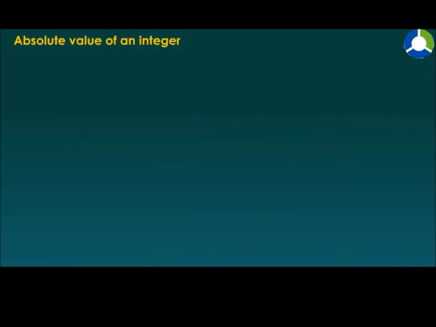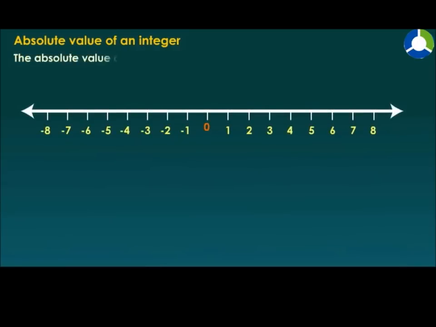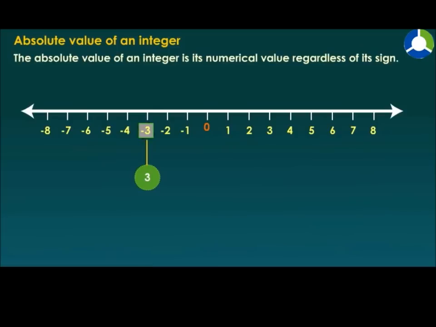Absolute value of an integer. The absolute value of an integer is its numerical value regardless of its sign. Example: the absolute value of negative 8 is 8. The absolute value of positive 4 is 4, and so on.